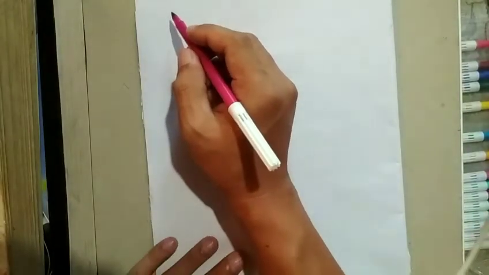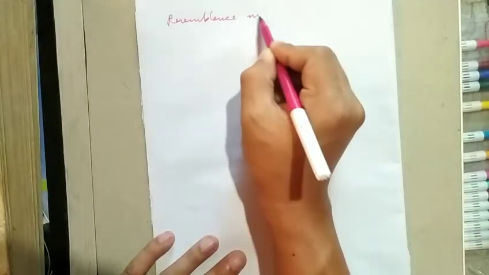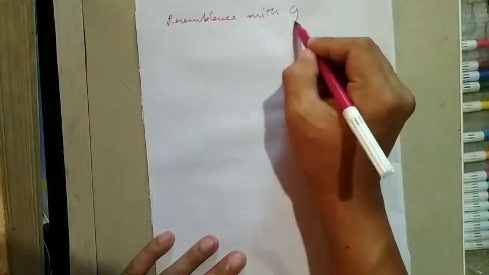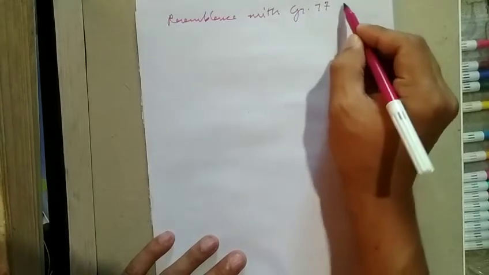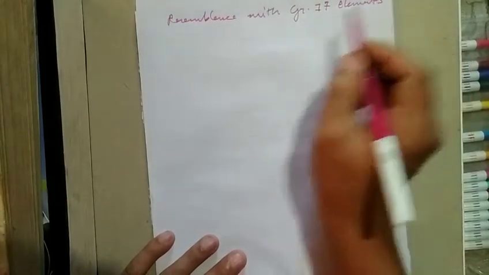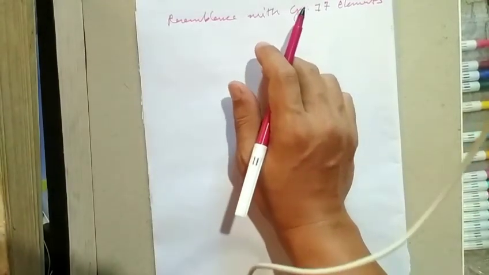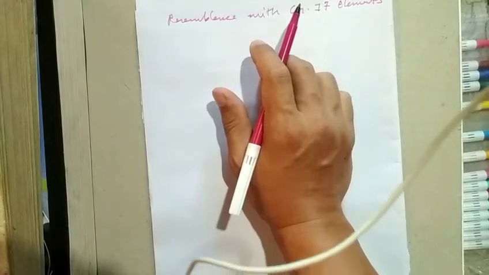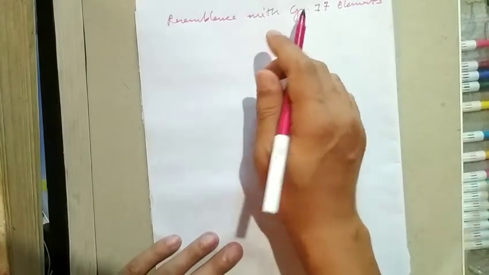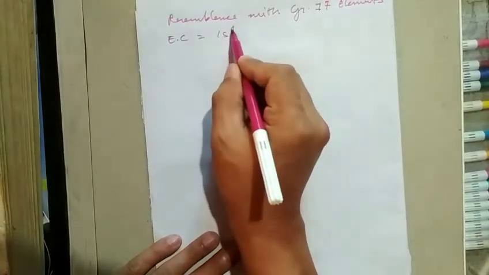Next is the resemblance with group 17 elements. Let's see the electronic configuration again: 1s1.